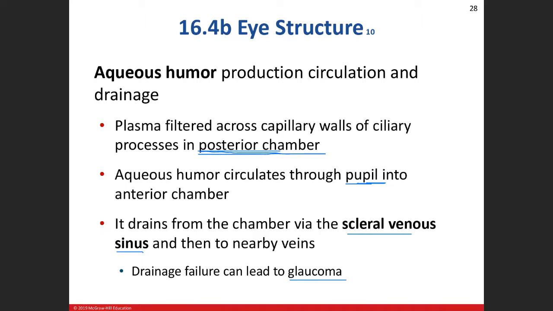There are two different types of glaucoma, and I can't remember, one is closed angle and open angle, or something like that. So the aqueous humor starts in the posterior chamber, circulates into the anterior chamber, and then drains from the anterior chamber into the scleral venous sinus there.